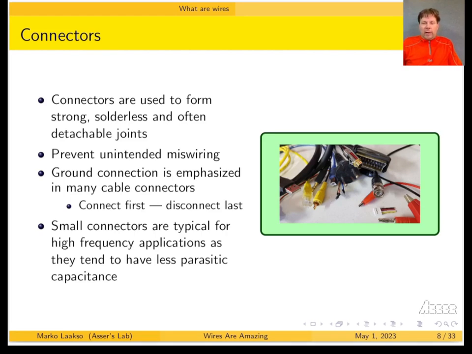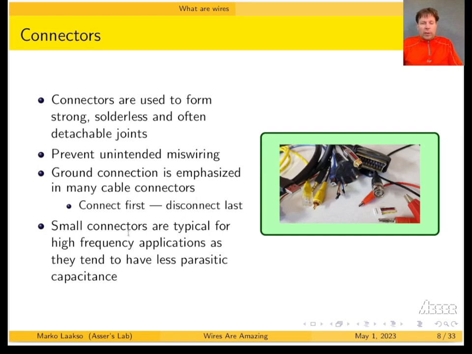The connector itself is a good indicator for the purpose of the wire. Ground connection is emphasized in many cable connectors. It typically connects first and disconnects last. That's often a safety feature, and then it also shields the inner wires from the external noise.